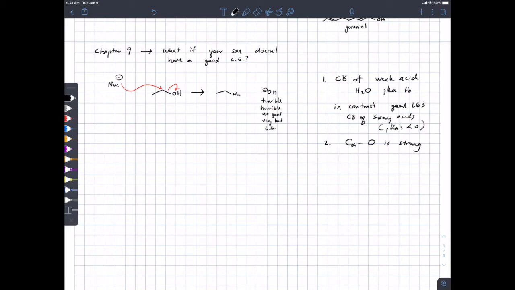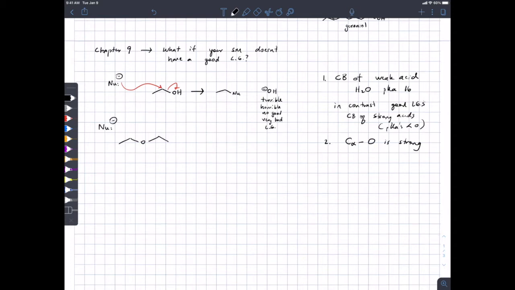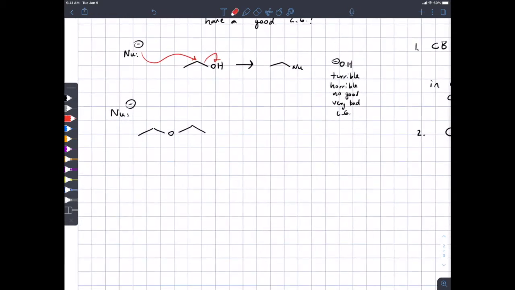Another example of a reaction that generally doesn't work the way you might think is if you have this ether where the leaving group is not OH minus, but some other negatively charged oxygen. We generally don't do this reaction either. It just doesn't work.